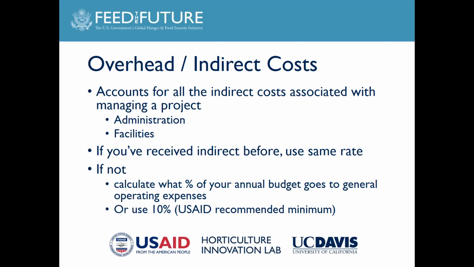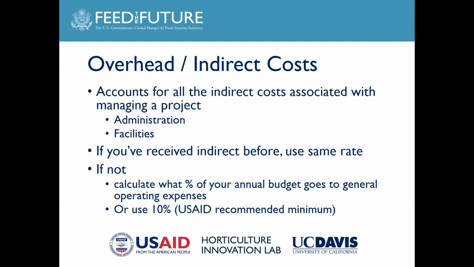If any of that applies to you, you're going to calculate what percentage of your annual budget, so for your whole organization, goes to general operating expenses. Again, keeping the lights on, supplying the office, staffing those director and secretary positions that just work for all the projects rather than working on one specific project.